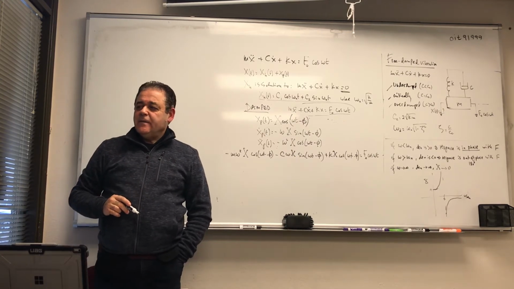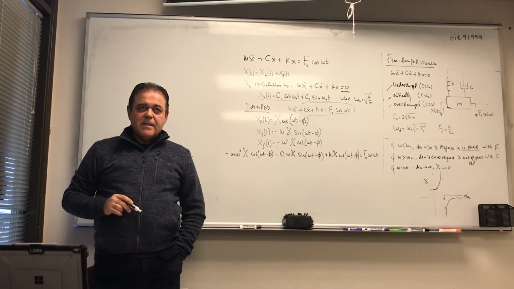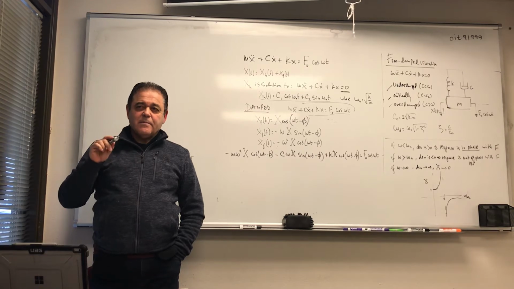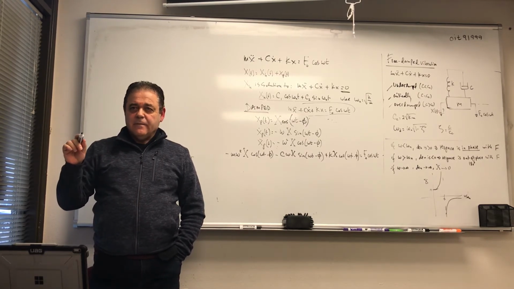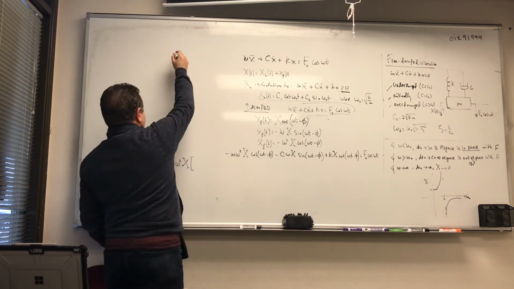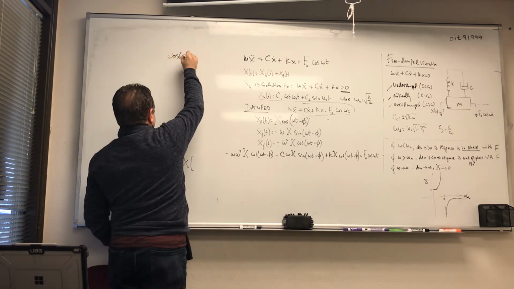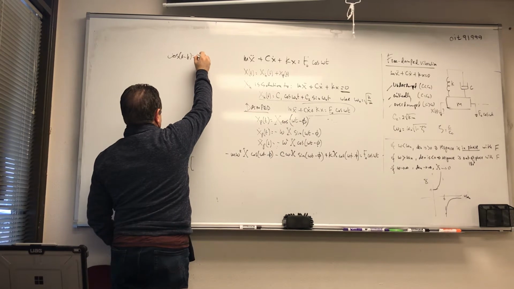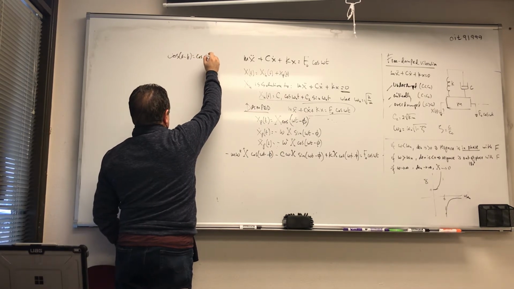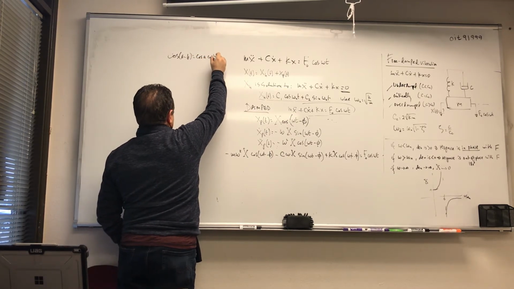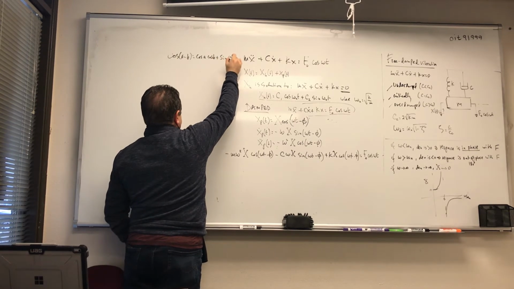Anyone remember? Cos A minus B is cos A cos B plus sine A sine B.